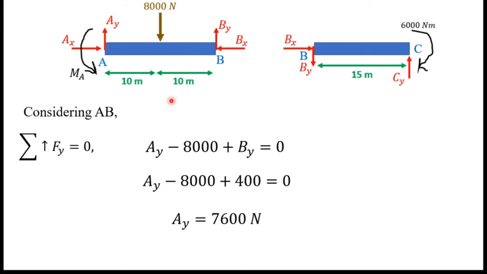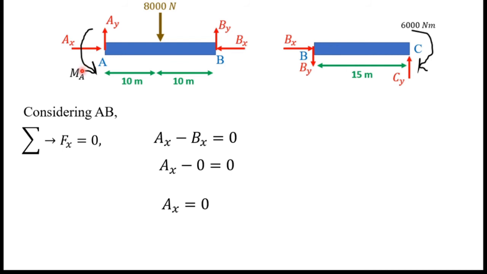I consider upward direction, therefore I wrote plus AY, then minus 8000 because 8000 acts downward, then plus BY because BY acts upward. BY is 400 Newton, so I can simplify this equation and get AY equals 7600 Newton.